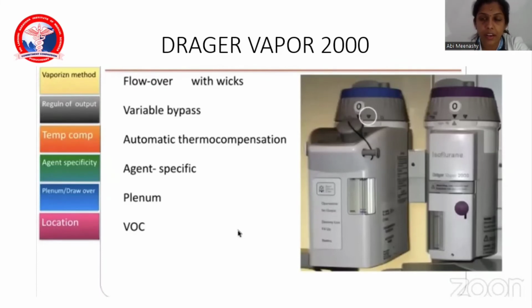So tilting and tipping will not happen in Drager Vapor 2000. That is a safety feature. Always remember, the Aladdin cassette and Drager Vapor 2000 are two vaporizers where there is no spillage or tilting or tipping. When you're transporting it, you have to keep it in the transport mode. That is this small triangle marked T.